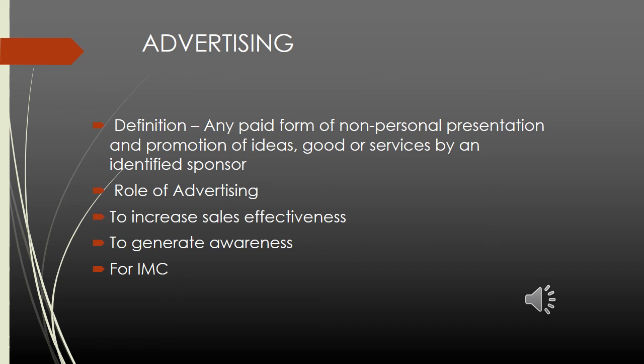So we can conclude that in marketing communication, all these tools and platforms are very important, and a proper planning process can make the marketing communication of an organization successful.